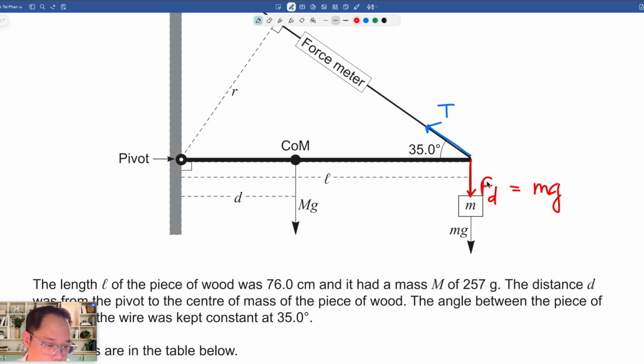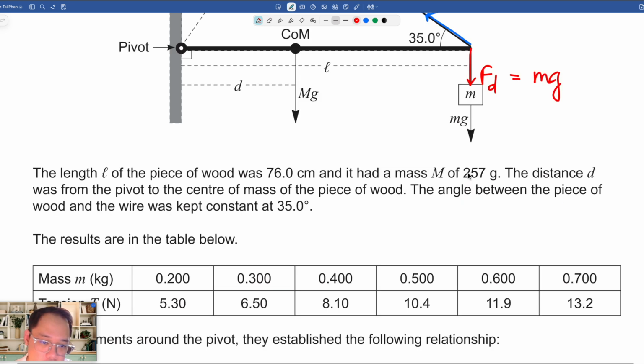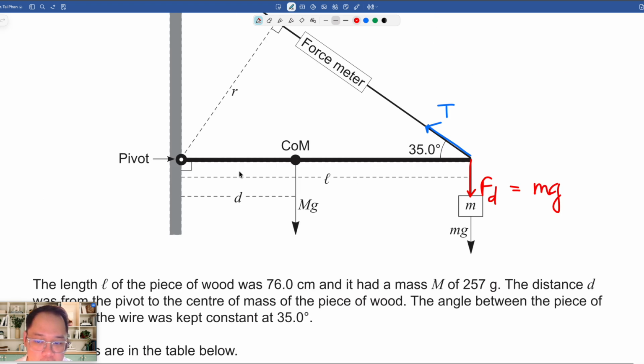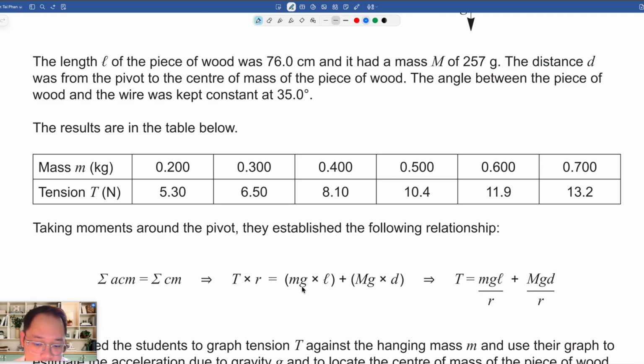So we can say mg, the magnitude of the force, multiplied by the distance from this line of action, which is the vertical line through the point where we attach the small m to the wooden piece. That distance is L, the length of the wooden piece, and it is 76 centimeters. Here, this is mg times L, and then big Mg times d.